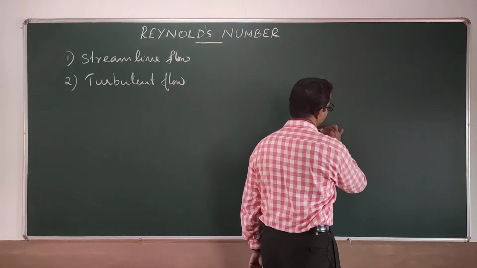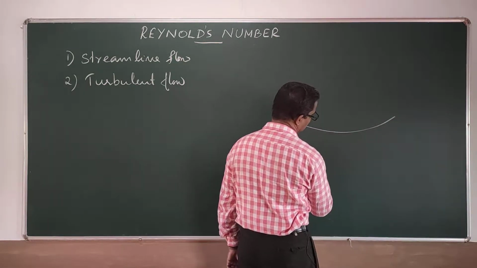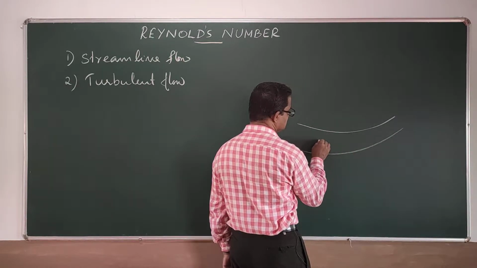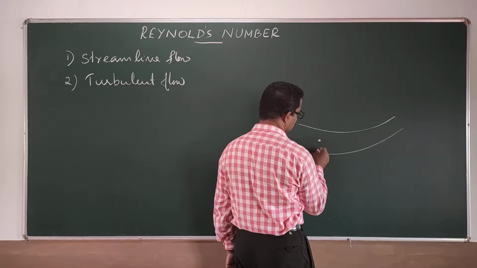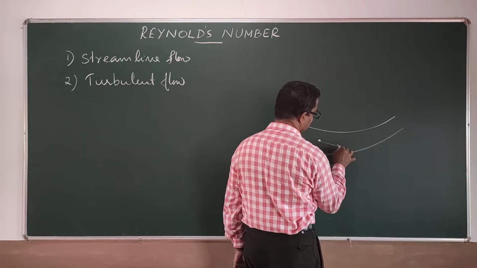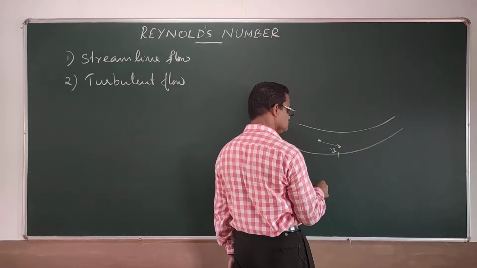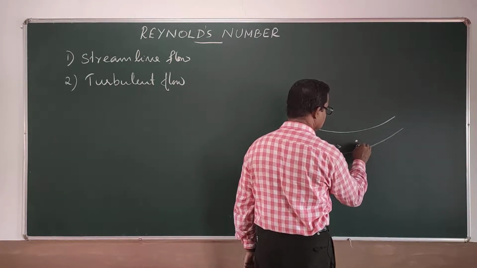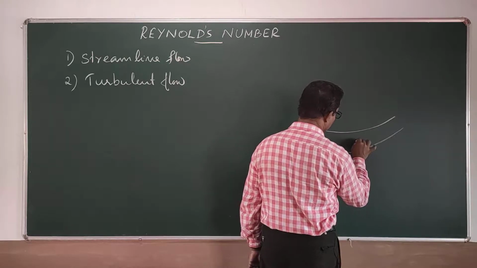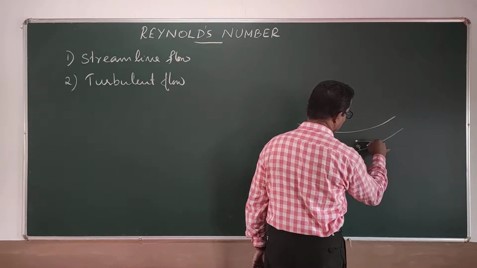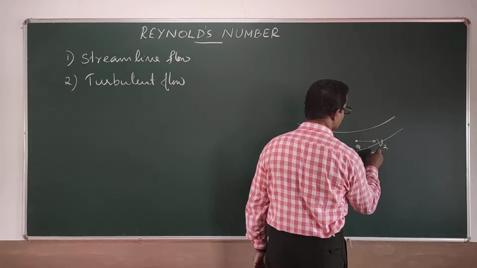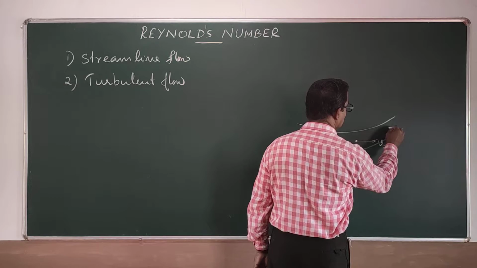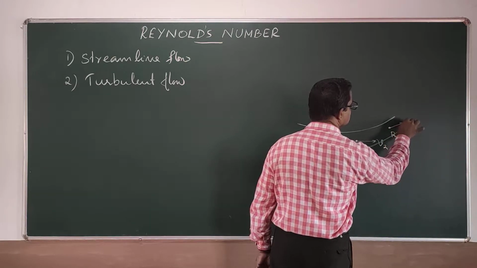For example, suppose the particle reaching here has a velocity v1, and as the particle reaches another point Q, it will have another velocity, let that be v2, and when it reaches another point R, it will have a velocity v3.